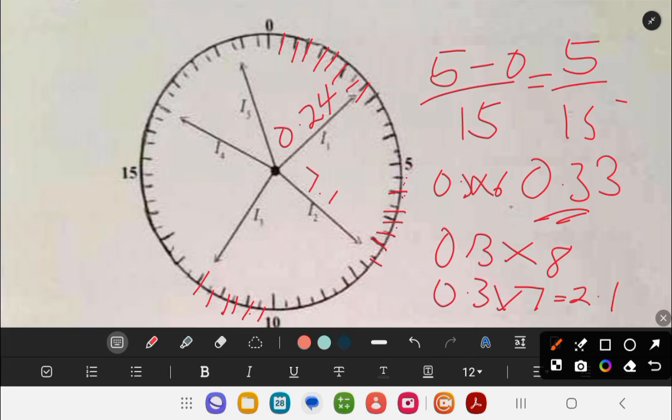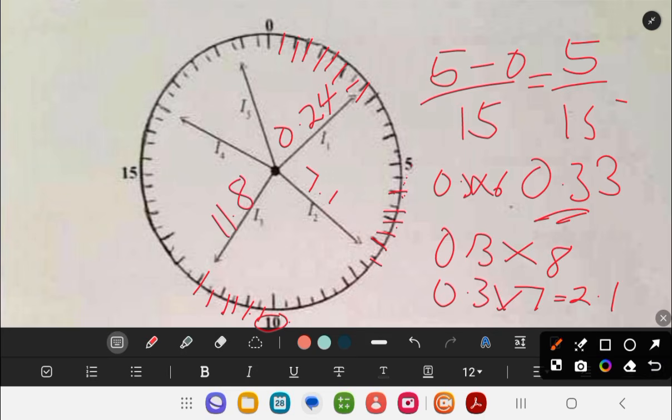Yes, 1.8. So 1.8 plus 10. I hope you know I'm adding to the 10, because it's 10. When we started from 0, it was just 0. So 0.24 plus 0 is still 0.24. So 10 plus 1.8 is 11.8.